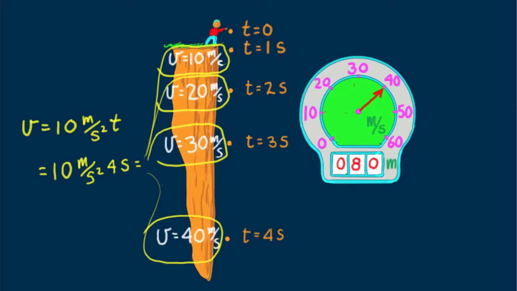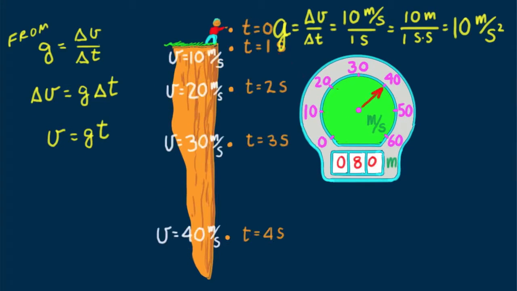How about distance fallen? Here's where equations guide our thinking. From the equation for average speed, we know that distance traveled equals average speed multiplied by time. That is, d equals average speed times time, where average speed is (v₀ + v_f)/2, the initial speed plus the final speed, divided by 2, multiplied by t.